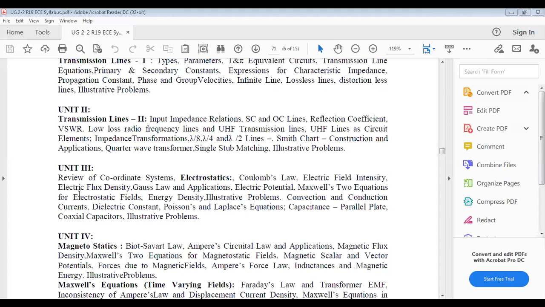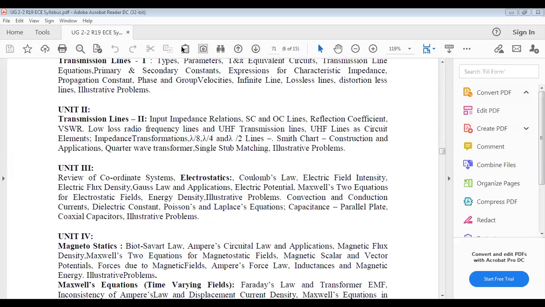See here, these are the topics we have to cover as the electromagnetic waves part.